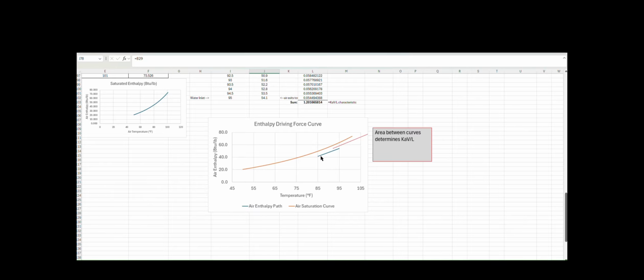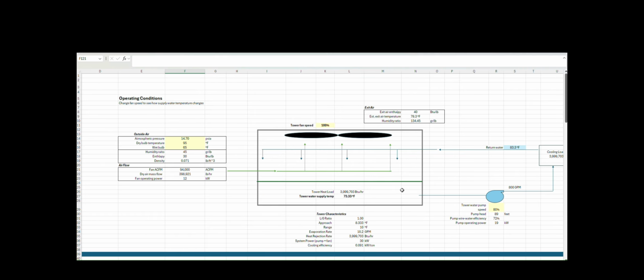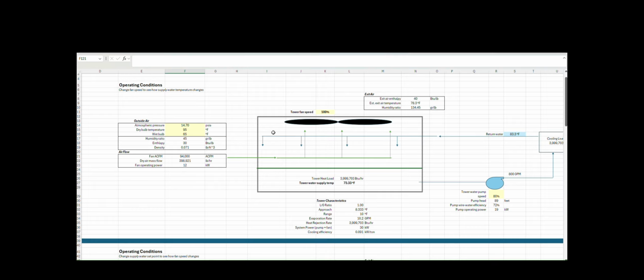If L over G gets smaller, this line has a smaller slope. And if this has a smaller slope, then the area between it and the saturated curve gets bigger. And so in order to make that area equal to our target KaV over L, that curve is going to have to shift to the left. And if it shifts to the left, you're going to get colder water temperature out. Cool. So that's the effect of changing all these parameters in our model.